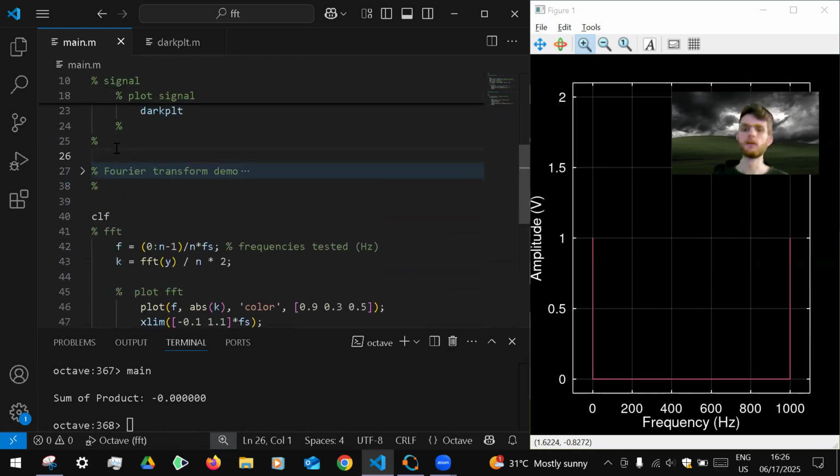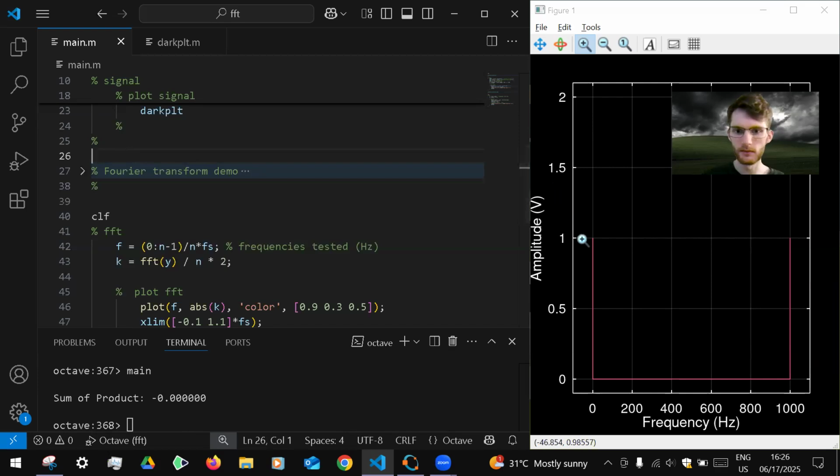And now it's returning all of those areas, or sums of products. I was previously getting 5,000. It's returning Fourier coefficients, which are complex, but the magnitude corresponds to that whole area thing. And so since I have a 1 hertz signal, there should be a peak at 1 hertz.